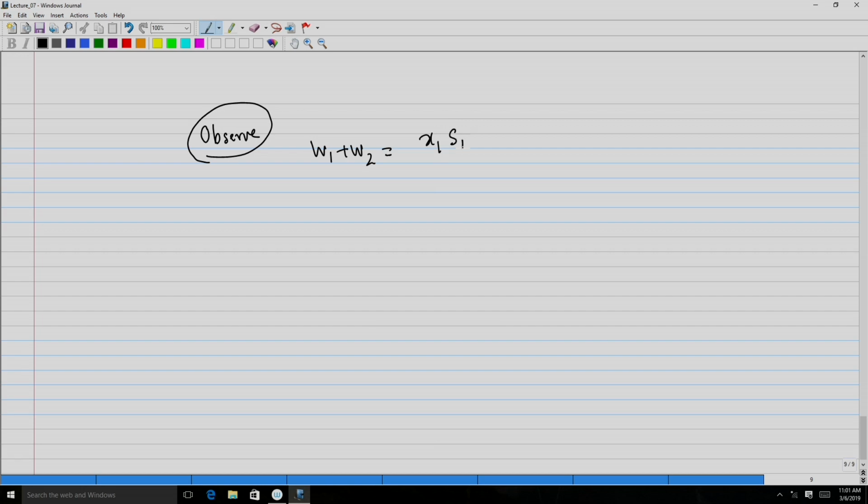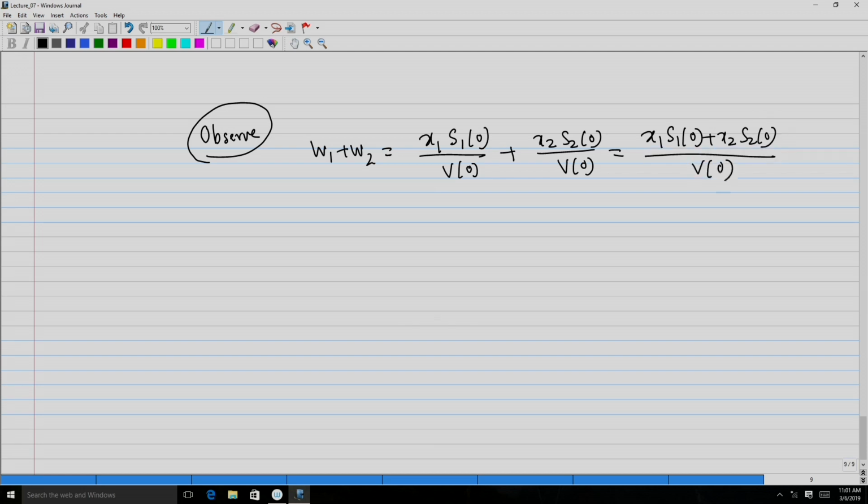W1 is x1 S10 over V0, and W2 was x2 S20 over V0, and this is x1 S10 plus x2 S20 over V0.